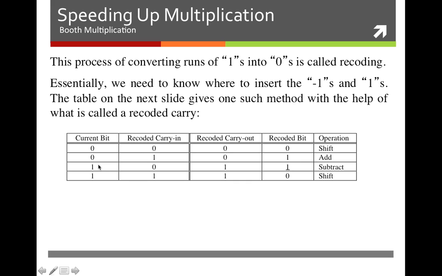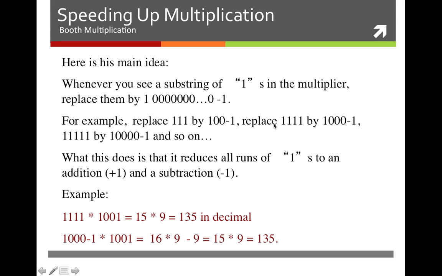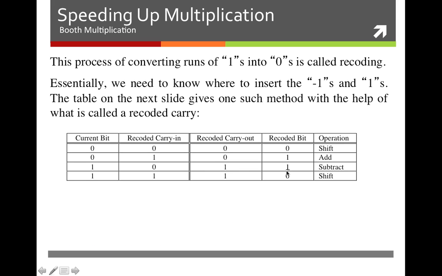And if the current bit is 1 and the recoded carry-in that comes in is 0, that means you have the opportunity now to start a brand new recoding, which is what this one is standing for. And so the recoded carry-out would be 1. And of course this will have to be now -1. This is like the first place you're starting your recoding. As we did in this example or in that example, in every one of these cases, we start out with a -1, which this under-bar 1 is. You may not be able to see this, there is a little bar underneath this one.